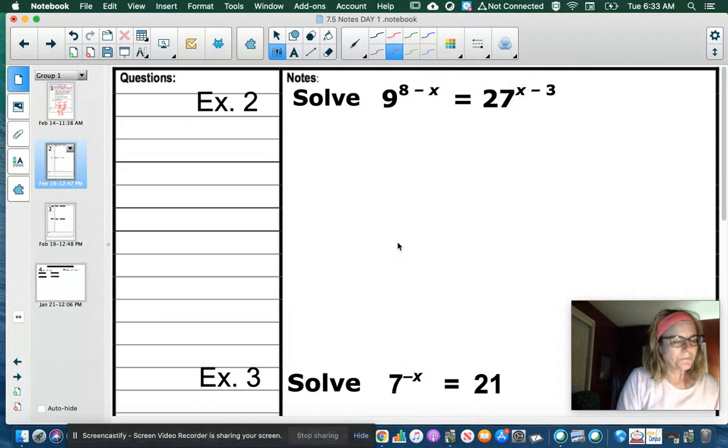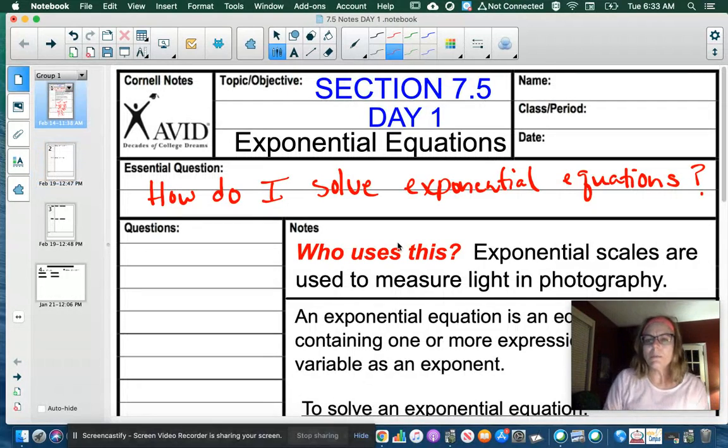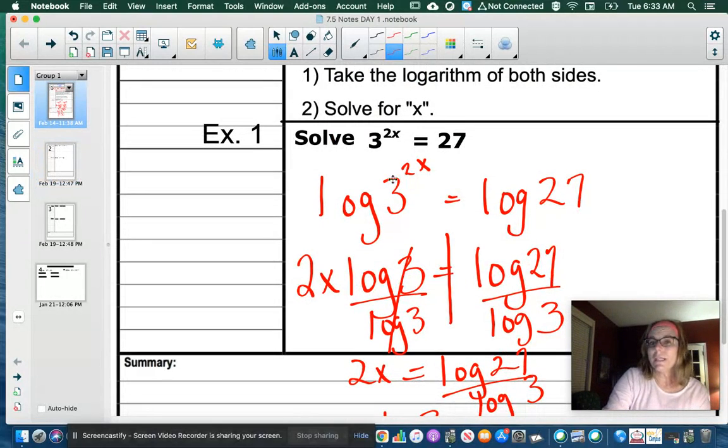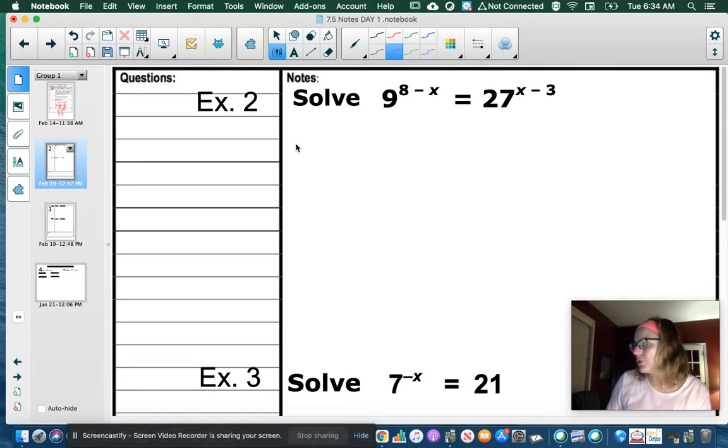Example 2. So let's look at example 1 a minute. In example 1, we had an exponential expression on the left side and just a constant on the right side. Now we have an exponential expression on each side.